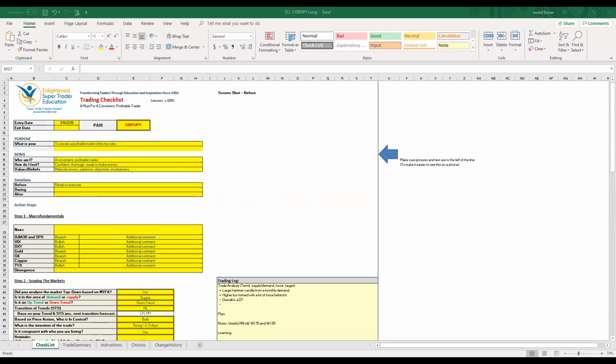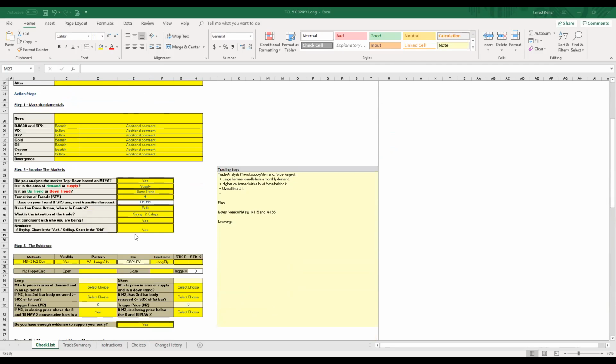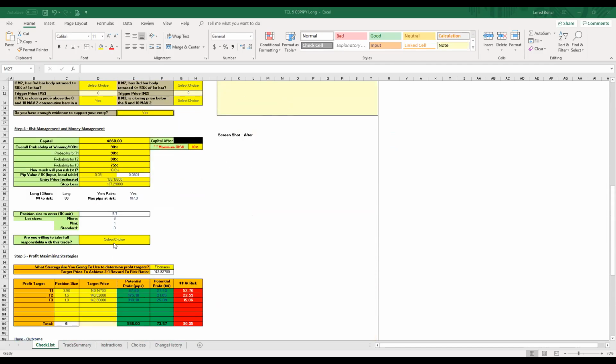Because you already have it there too. You're ready to execute the trade. I think I was just really uncertain with it, and I guess this box shouldn't have been checked right here. I didn't check this one.